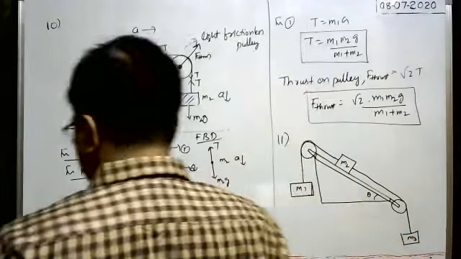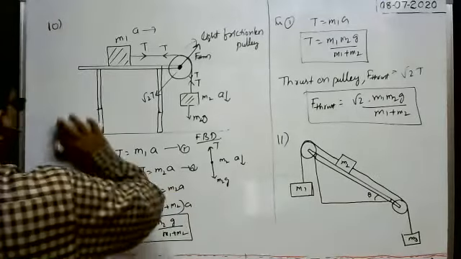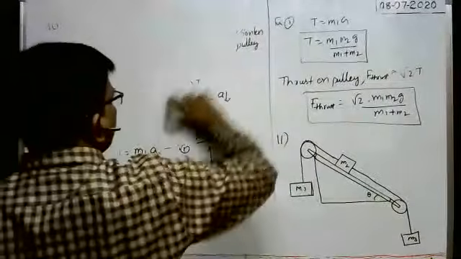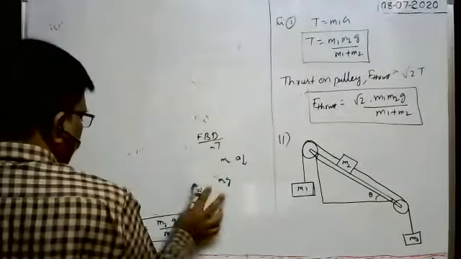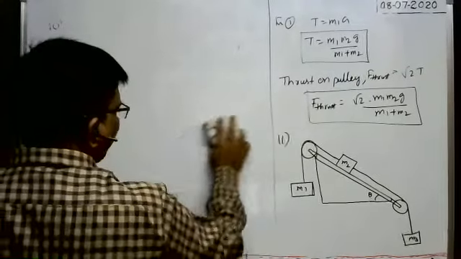Whenever the system is released, in which direction will the blocks move? Once in advance, based on this concept, the problem is asked. Of course, they asked the tension, I think.